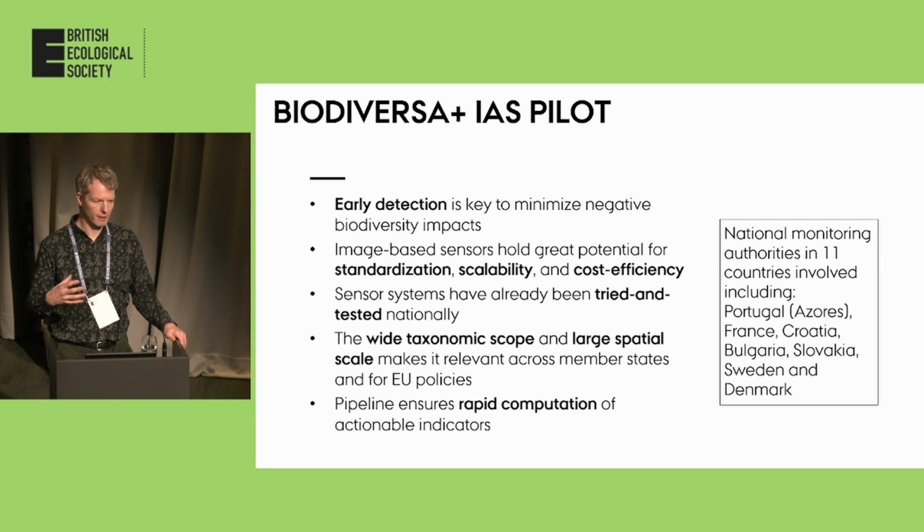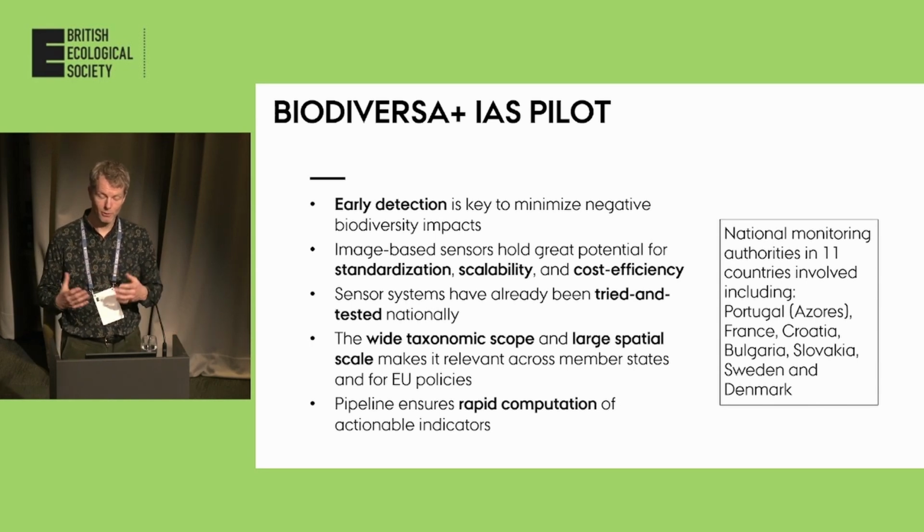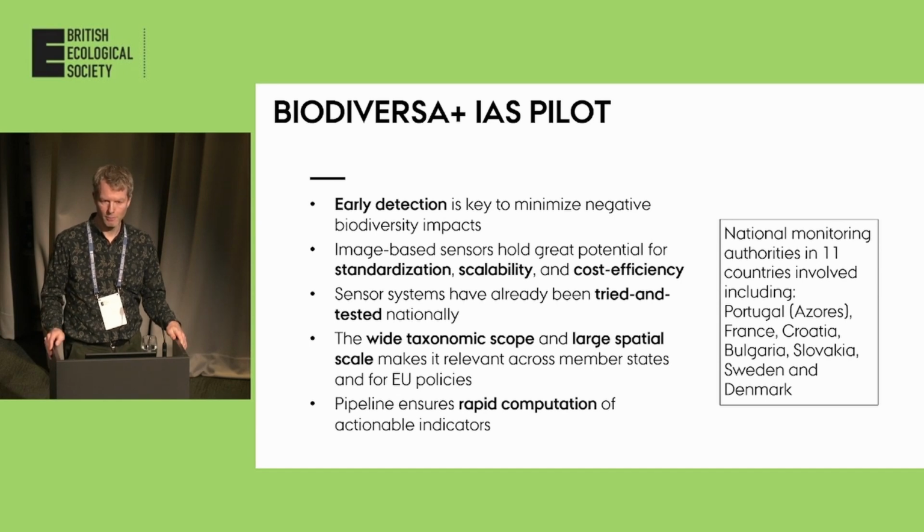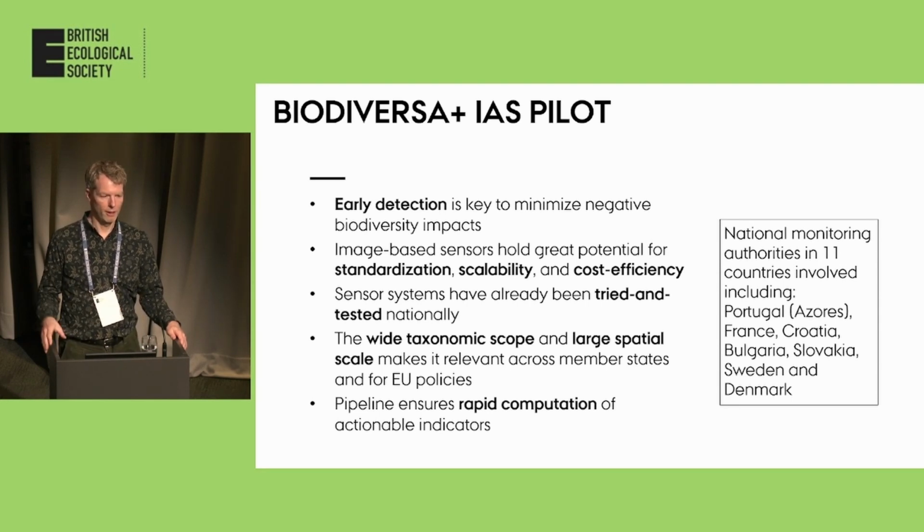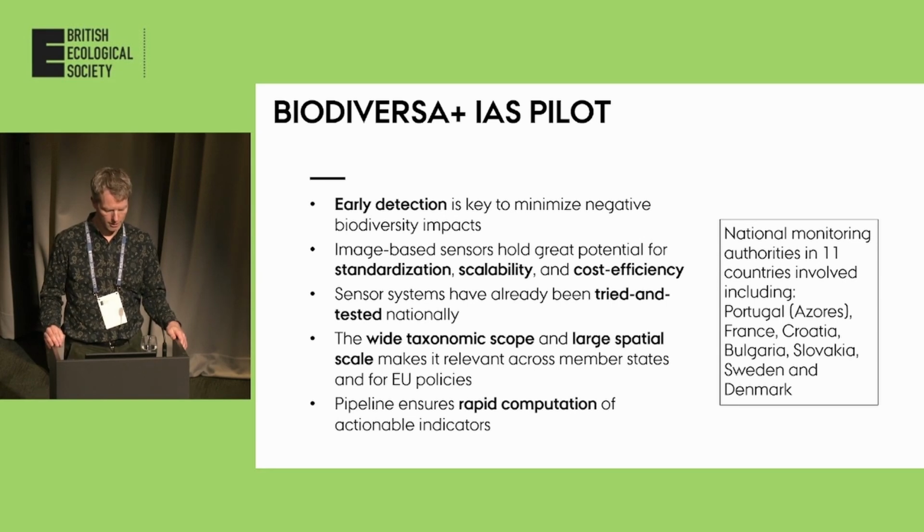And once the infrastructure to analyze images is in place, I wouldn't say it's free, but it's a fairly cheap way of collecting data, because you can essentially run large amounts of data through imaging pipelines. And both of those technologies have already been tested at national scale, so we're really more working with the implementation phase of this technology.